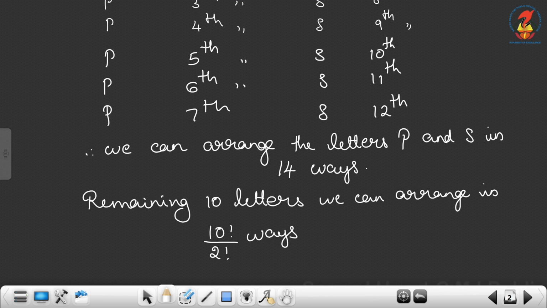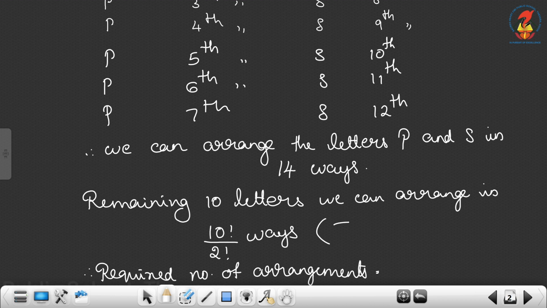Okay. Therefore, required number of words or required number of arrangements is equal to, I will write the bracket, T appears 2 times.